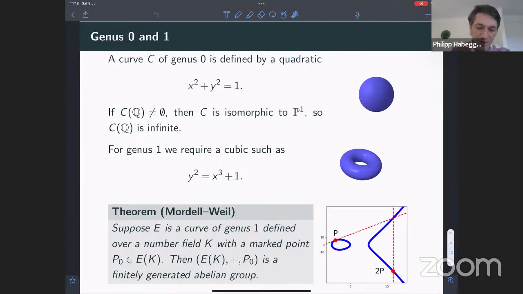So we saw before genus 0 is, for example, presented by this equation here, which looks like a circle. And well, if we look at the C points, then we get a sphere.